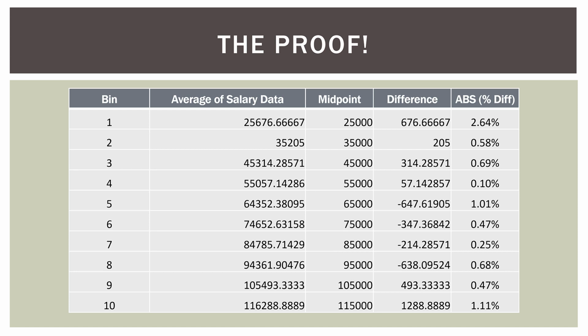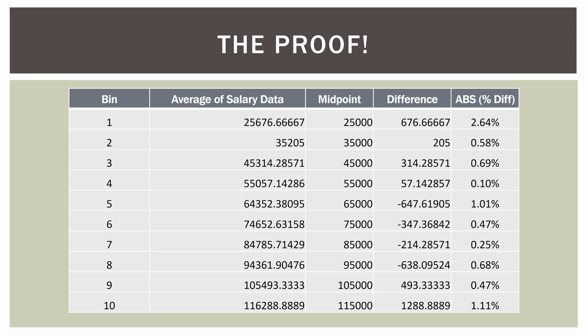Now, if we go down to the next one, the mean of the second bin between $30,000 and $40,000, the actual mean of that bin was $35,205. The midpoint was $35,000, and therefore the difference is only $205, which is 0.58%, the absolute value of that difference, and so on and so forth.